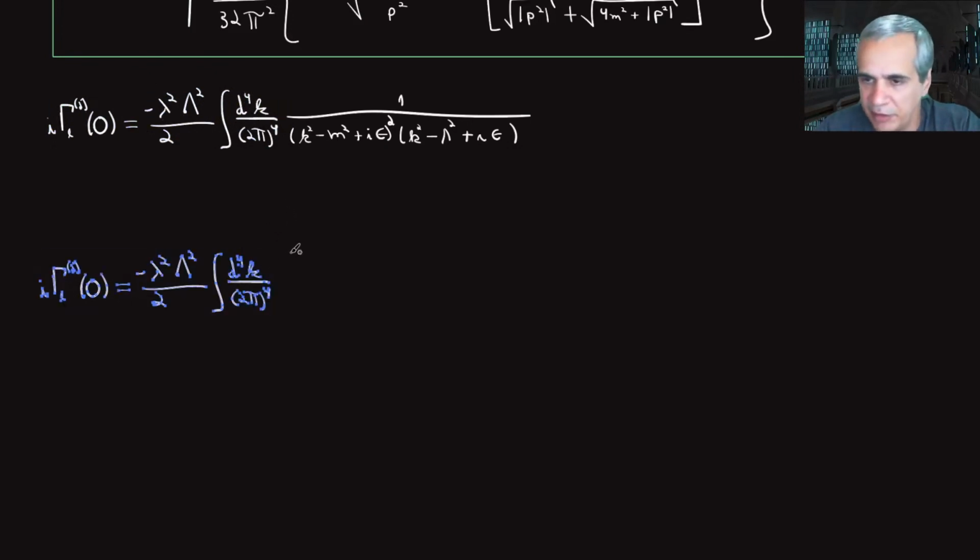And now I have an integral from 0 to 1 over the Feynman parameter. And I can use that formula for a b squared.